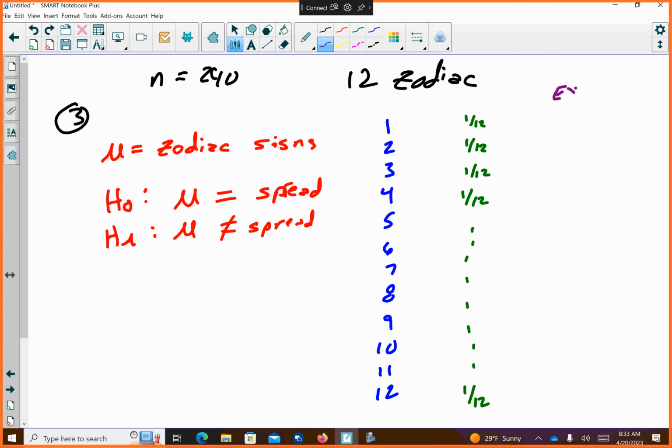So we would expect, if this is a true statement, that you would have 20 people in each of these categories of my 240 people. Okay? So I'm basically just going 1/12 of 240. It's 20. Okay, so that's kind of what you're expecting. Now, we haven't gone any farther on this to make sure, is this a true representation of it or is it not? I don't know. Okay?